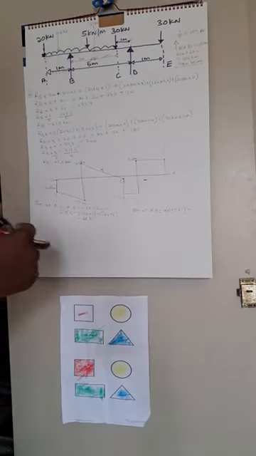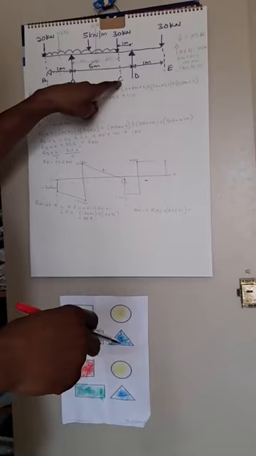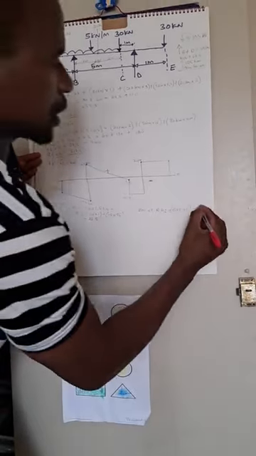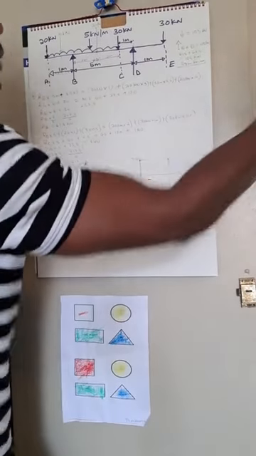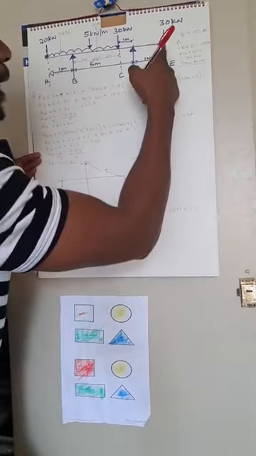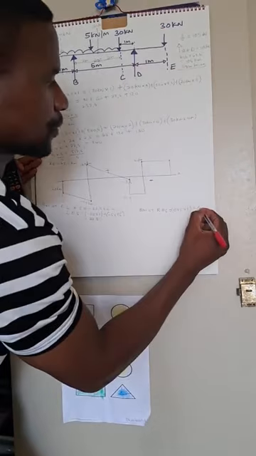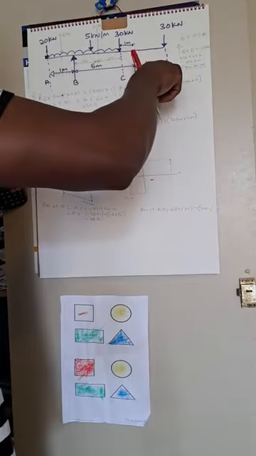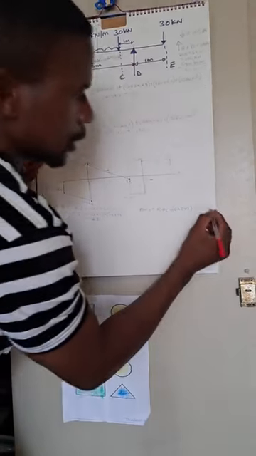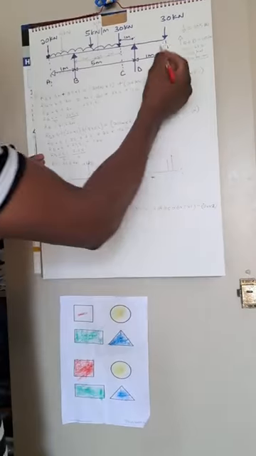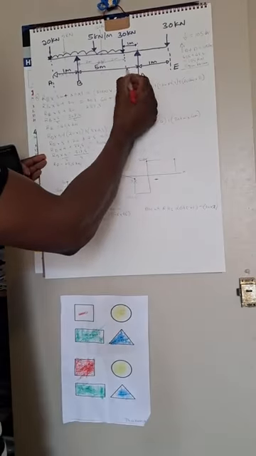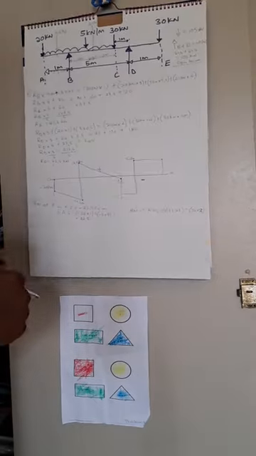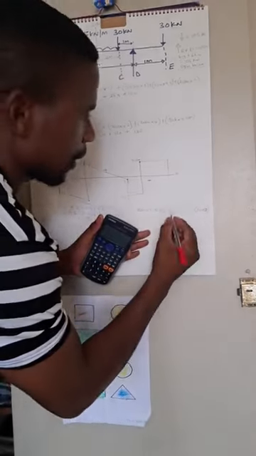Remember, we are calculating bending moments at C. So we must also say minus. We take all the forces from the side that you are coming from. So minus 30 times 2, because from 30 here we are going to point C.